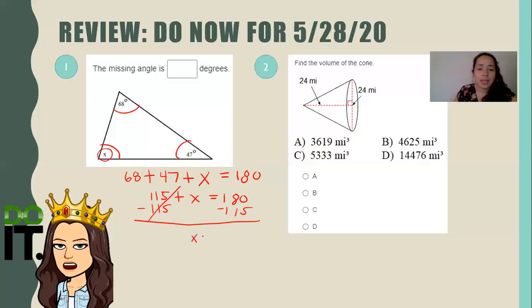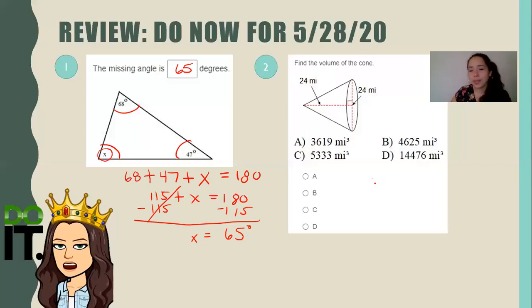That leaves me with X is equal to 180 minus 115. And that gives me 65 degrees. So when it says the missing angle is, I would type 65. Good job.